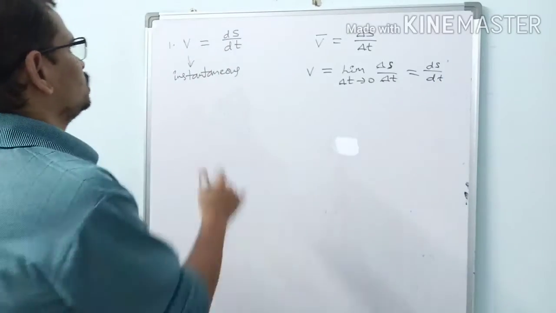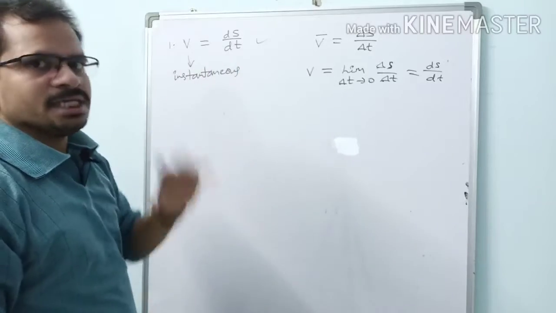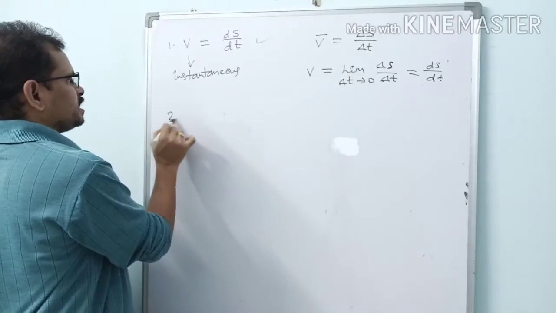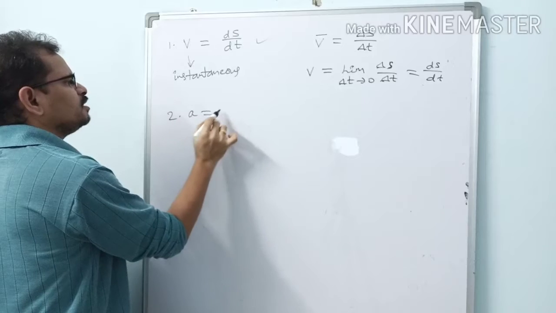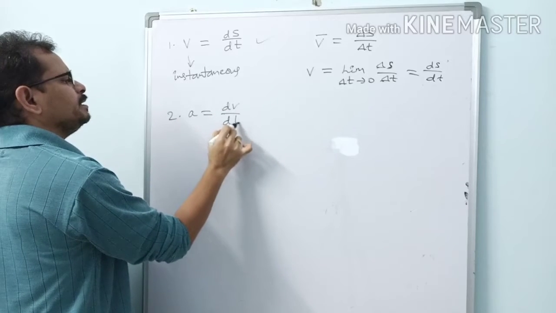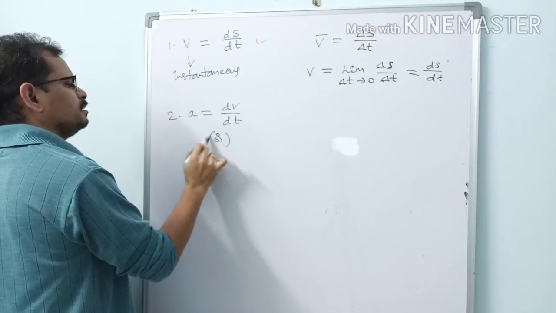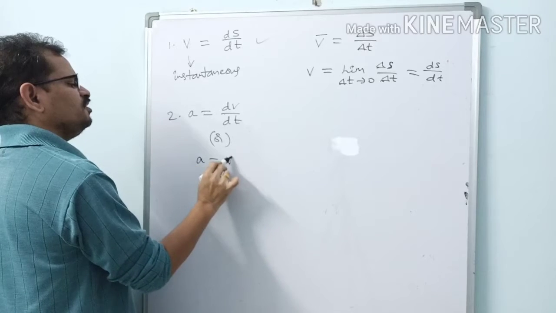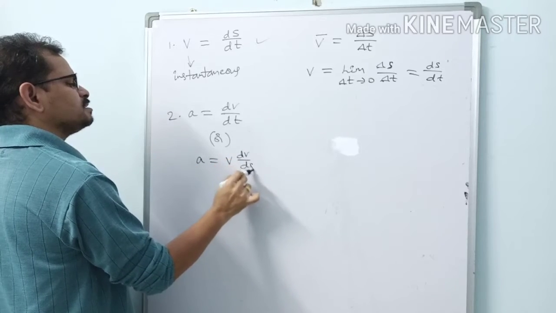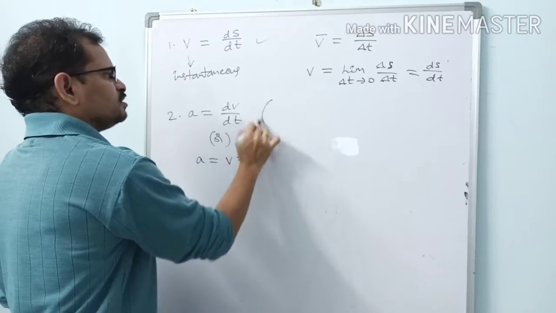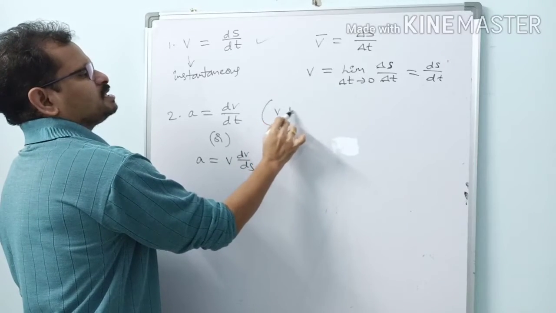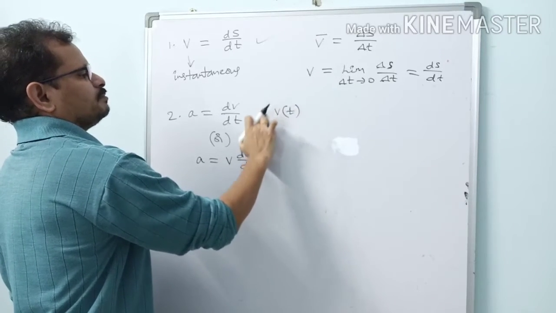So this is the first expression, v equal to ds by dt. The second one is a equal to dv by dt, or a equal to v into dv by ds. When velocity is given as a function of time.